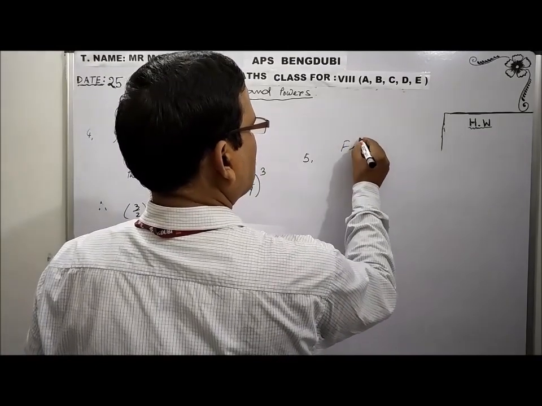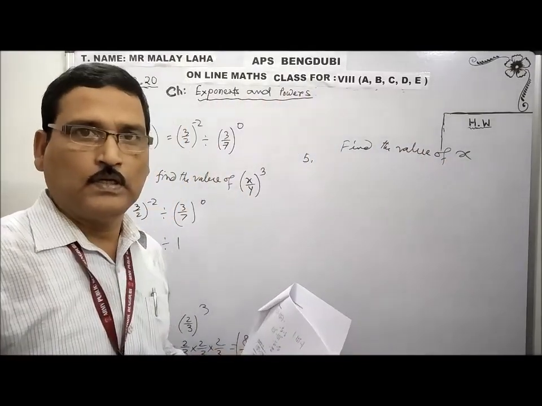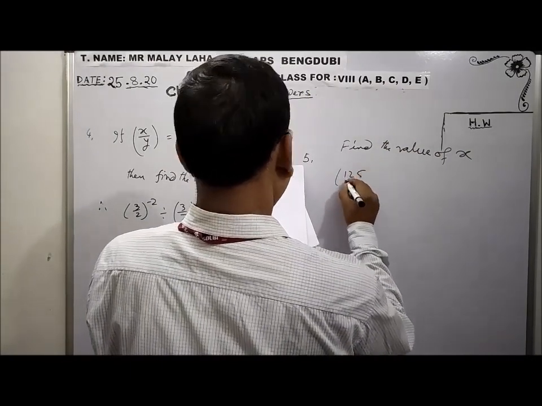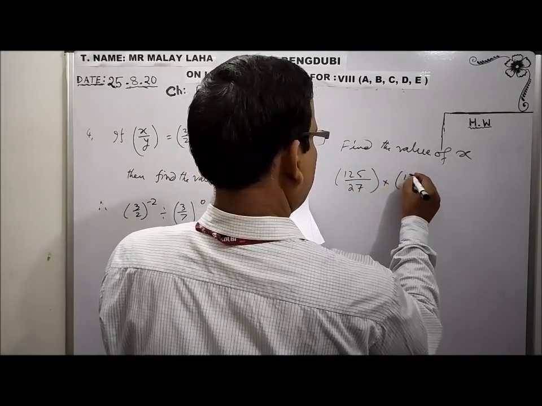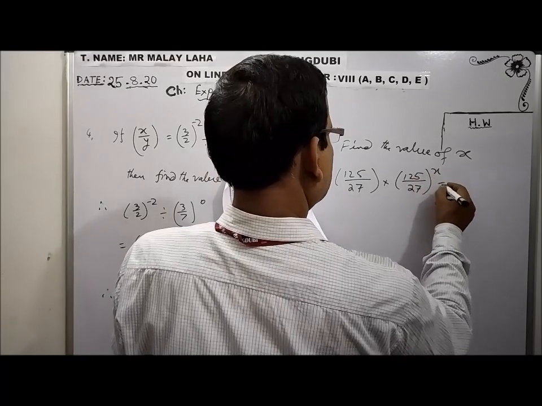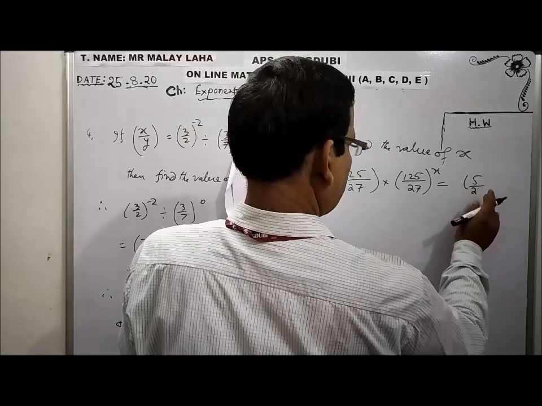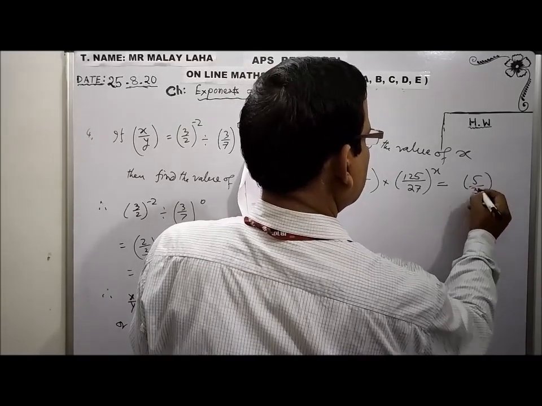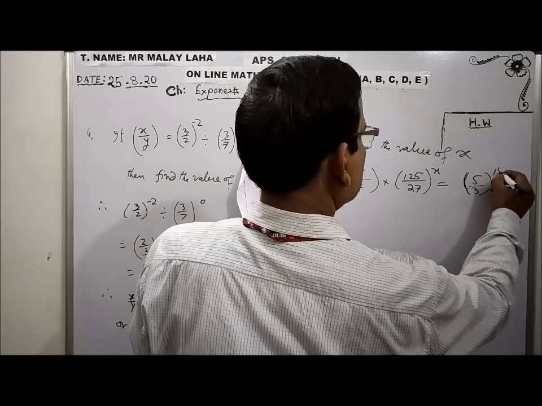The question is (125/27) raised to x equals (5/3) raised to 18.